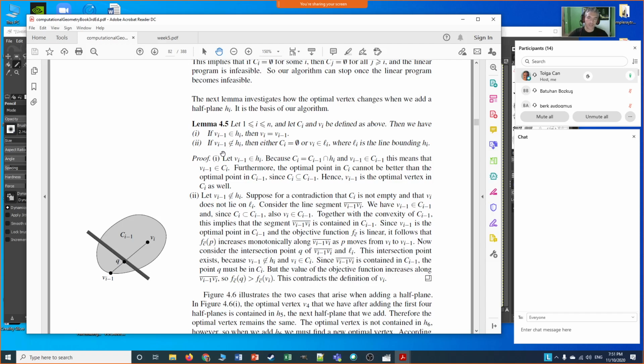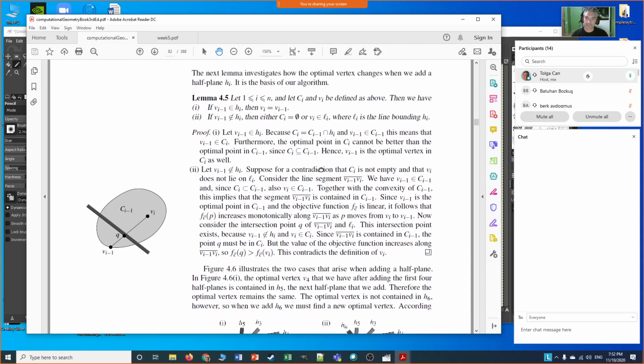If the previous extreme point is not in the half plane indicated by this constraint, then there are two cases. Either we have an infeasible solution, or if we have a feasible solution, the new extreme point will be on the line represented by this constraint ci, where Li is the line bounding this half space.